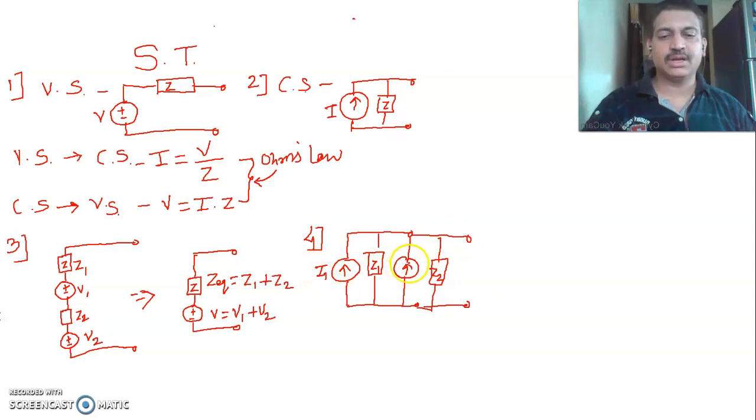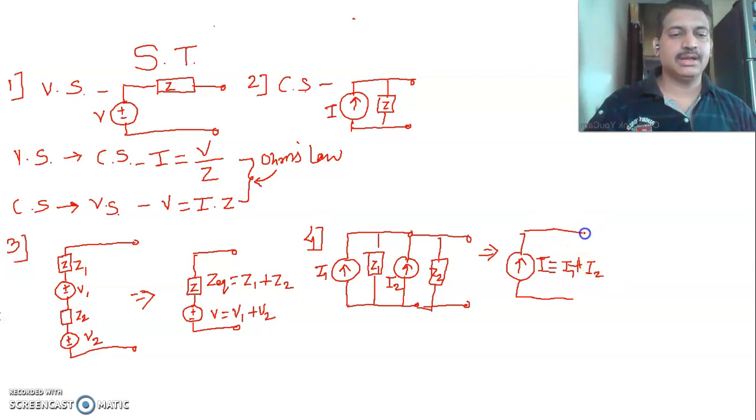Current source I1 and current source I2 are both parallel connected, so at this point you have to apply KCL. This point is the meeting point of I1 and I2, which gives its equivalent current, with the orientation definitely upward, as I is equal to I1 plus I2.